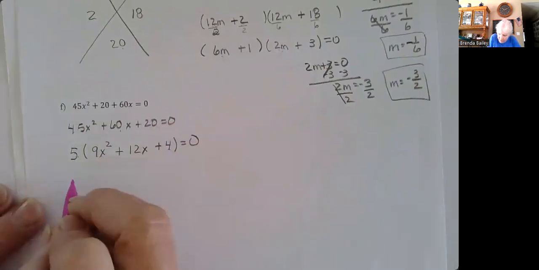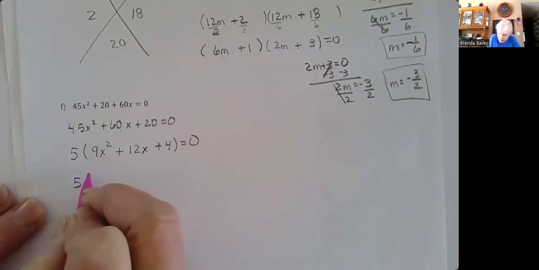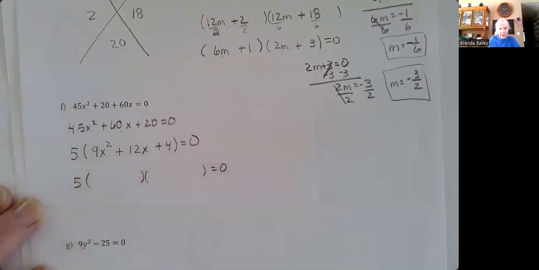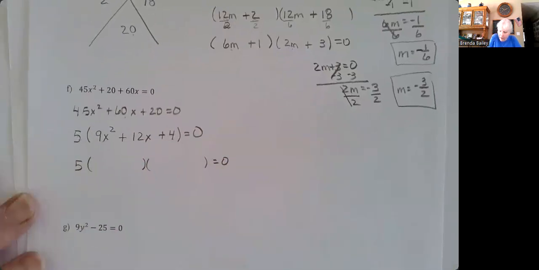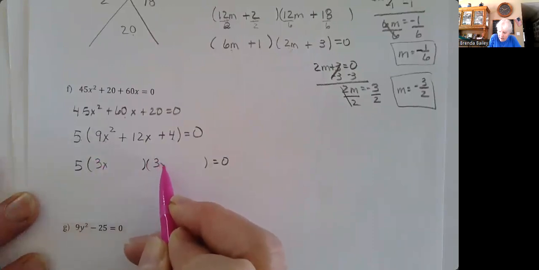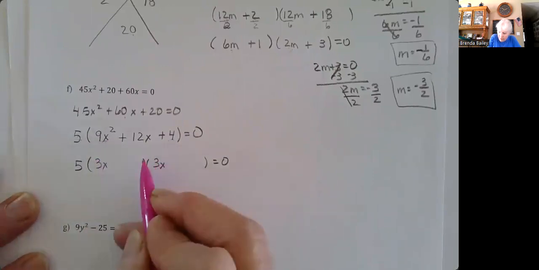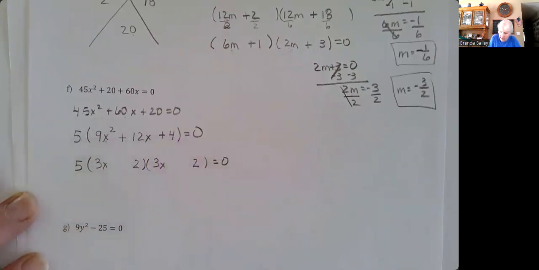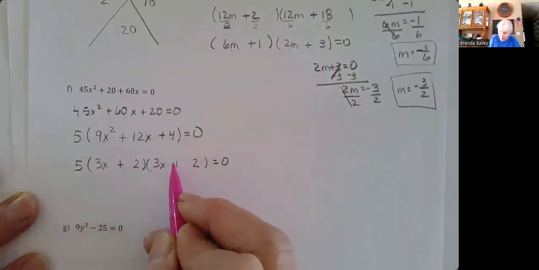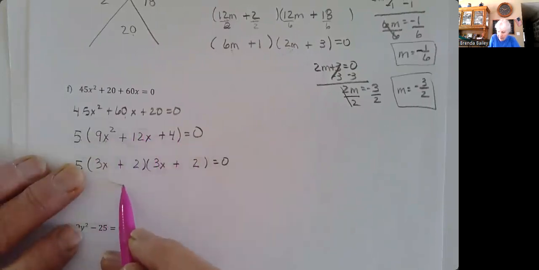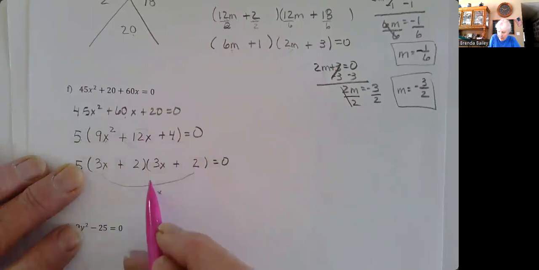So here, I know that 3x times 3x gives me 9x squared. 2 times 2 gives me 4. And everything's positive. Do you get the 12x? Well, 6x and 6x is 12x.